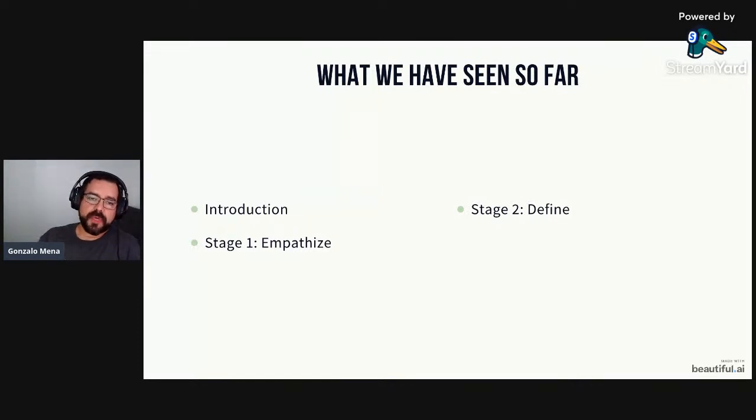The define stage is where I use all the information that I gathered from the interviews, from talking to people, all the tips that I got from the people that I interviewed, all the information about the problem that I didn't know, all the data, all the experiences, the stories, all that.